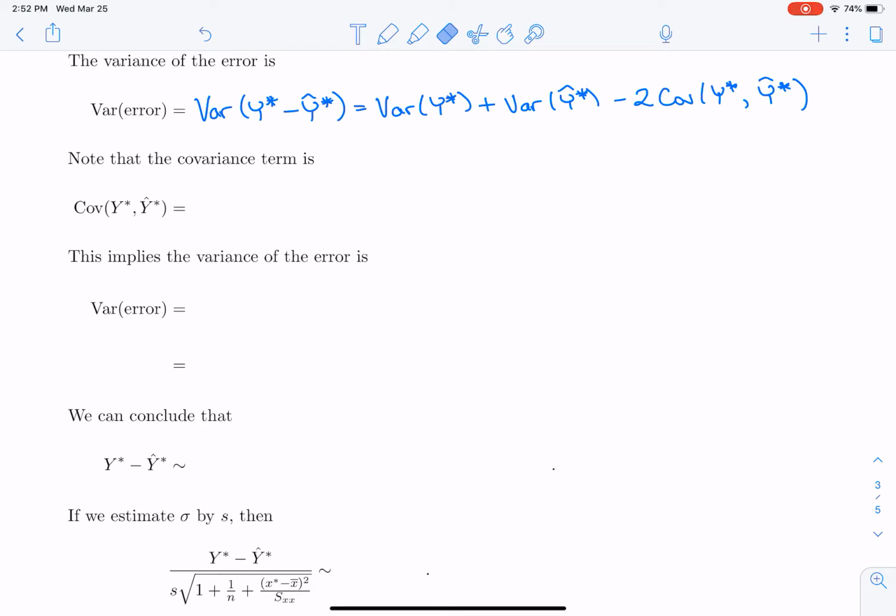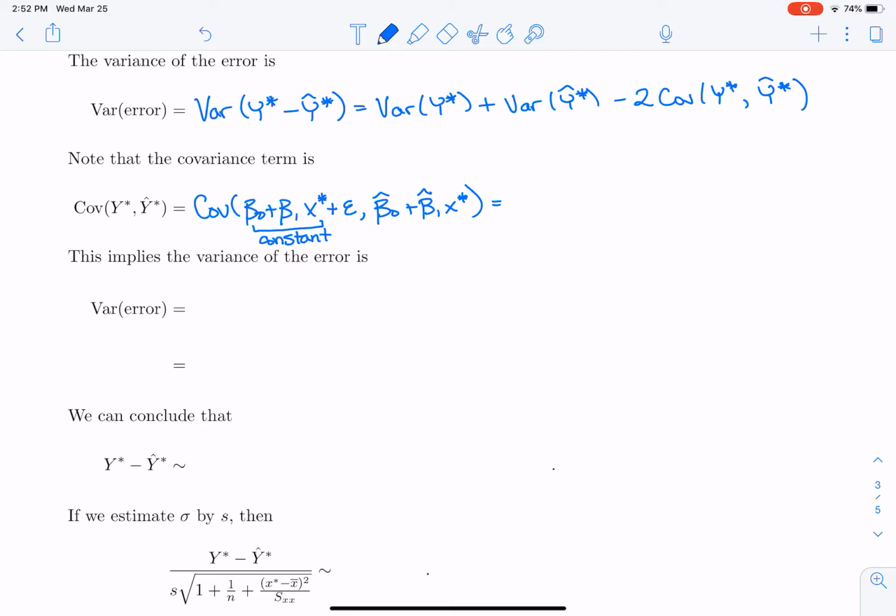The covariance of y star and y star hat, that's going to be the covariance of beta 0 plus beta 1 x star plus epsilon with beta 0 hat plus beta 1 hat x star. And that we can simplify by first noticing that beta 0 plus beta 1 x star, that's a constant. So that part in the covariance is going to go to 0.